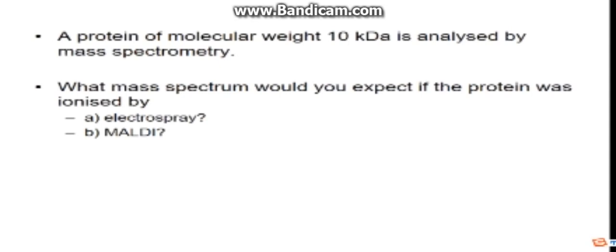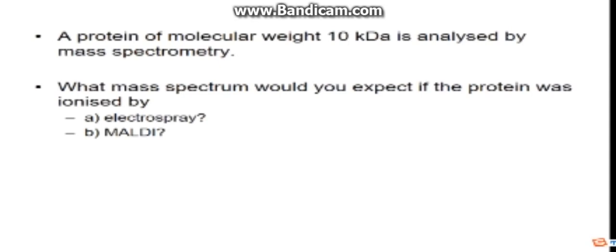So you'd have a peak here, which corresponded to the 10 plus, the protein with 10 charges on it. Now, you wouldn't just get a single peak, because you get a distribution of charge states. So you would also have a peak corresponding to the 11 plus, and the 12 plus, and probably the 9 plus and the 8 plus.